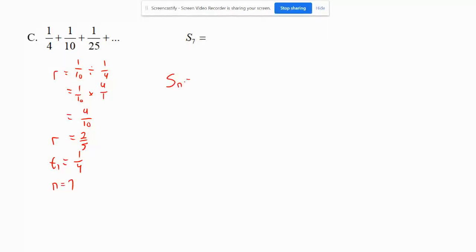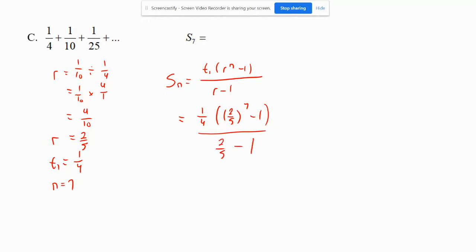So that means Sn equals T1 R to the N minus 1 over R minus 1. T1 is 1/4, 2/5 to the 7th minus 1 over 2/5 minus 1.